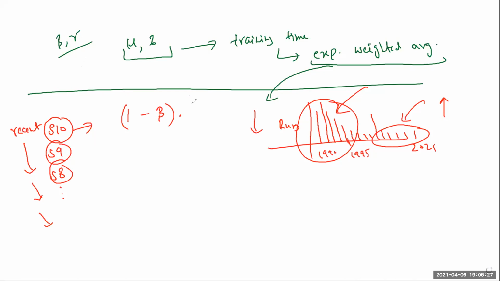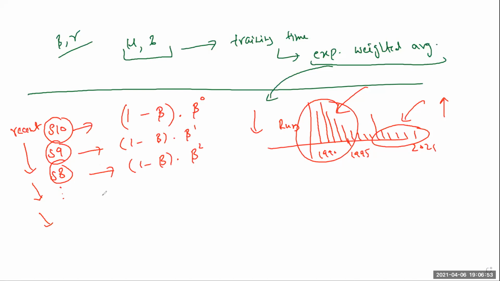Okay, so we choose a value of beta between 0 and 1. So the most recent observation will have this weight. The second most recent observation will have weight which is beta raised to power 1. Similarly, the third most recent observation will have this weight. Now, why these weights and how we are writing this, let's discuss in more detail.